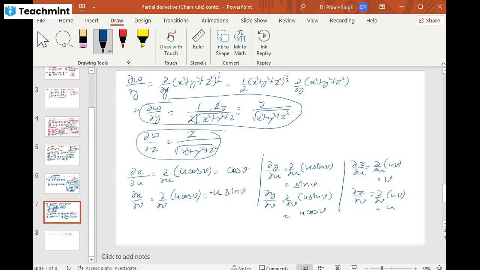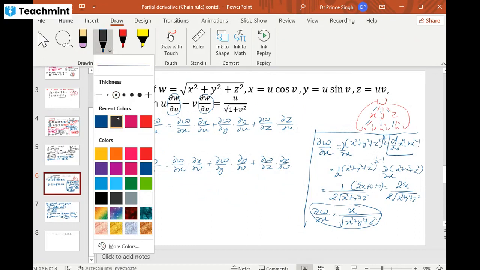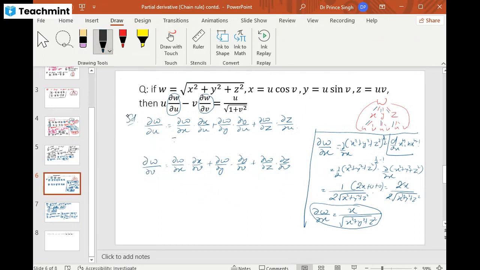So all the six derivatives are known to us. Six derivatives of this kind and three, nine derivatives are known. So now we substitute all these values here. If we substitute their values here, then we can get ∂w/∂u. This is basically equal to x upon square root of x² + y² + z².